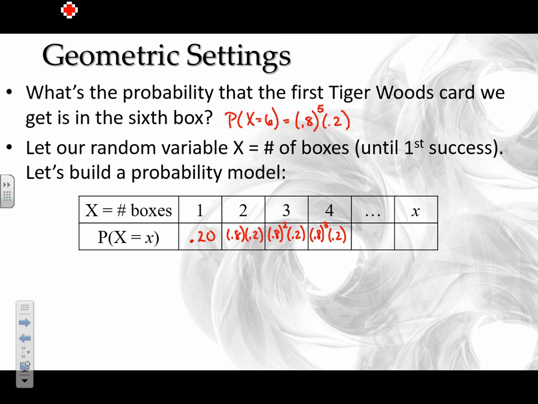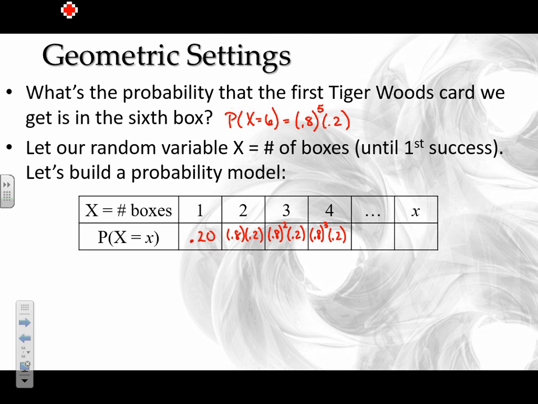Okay? Now, if we wanted to generalize this, okay? So let's say we wanted a generalized formula for finding the probability that any given box contains a Tiger Woods card. So maybe the probability that the 10th box is the first Tiger Woods, or the probability that the 100th box is the first Tiger Woods.